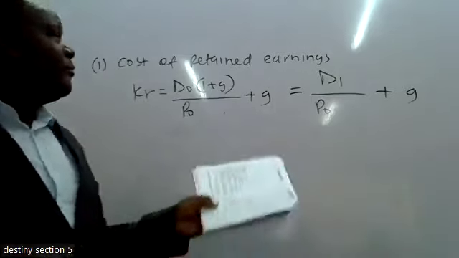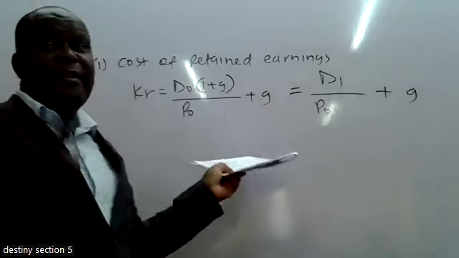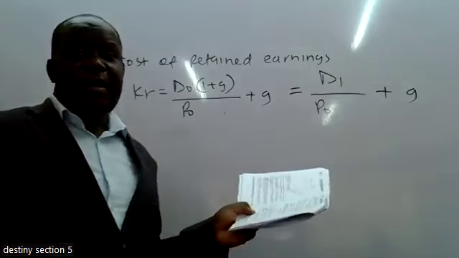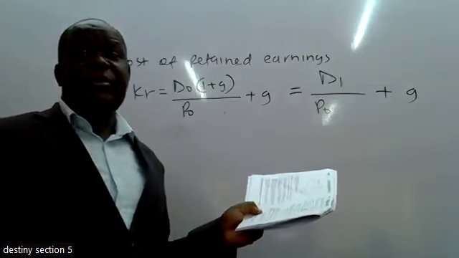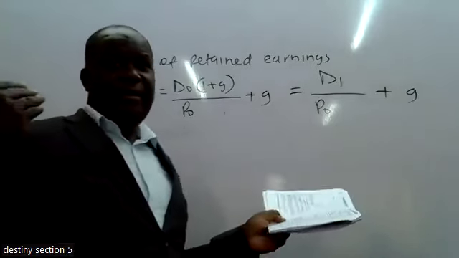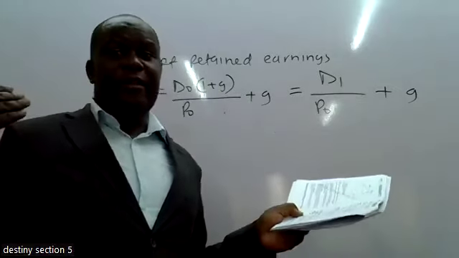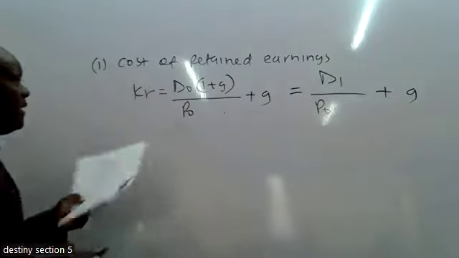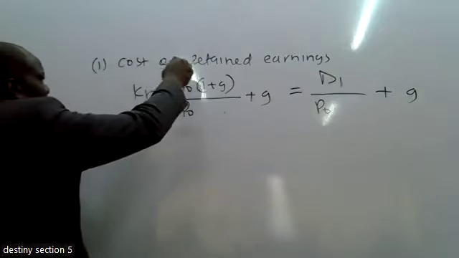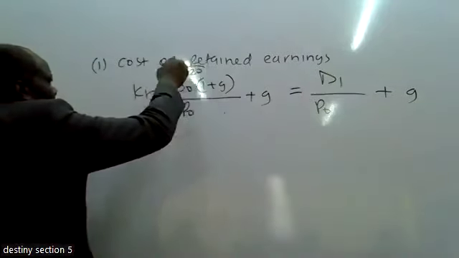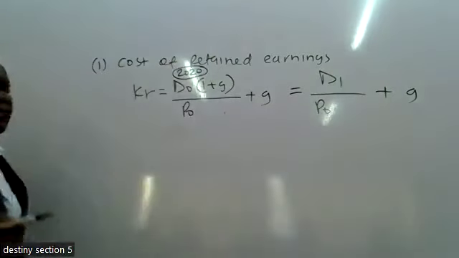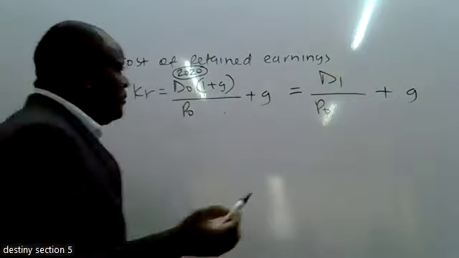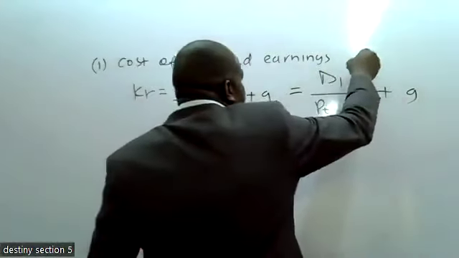When it comes to D0 here, it is not the same as the D0 for calculating G. When we are calculating G, we use the past. When we are calculating the cost of capital, we are looking at the future. So this one will be the year 2020, the last dividend that was paid, which means D1 will be the year 2021.